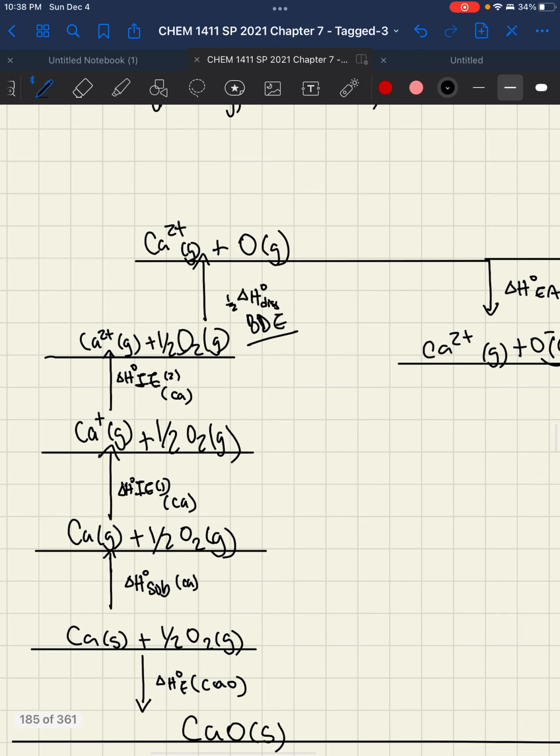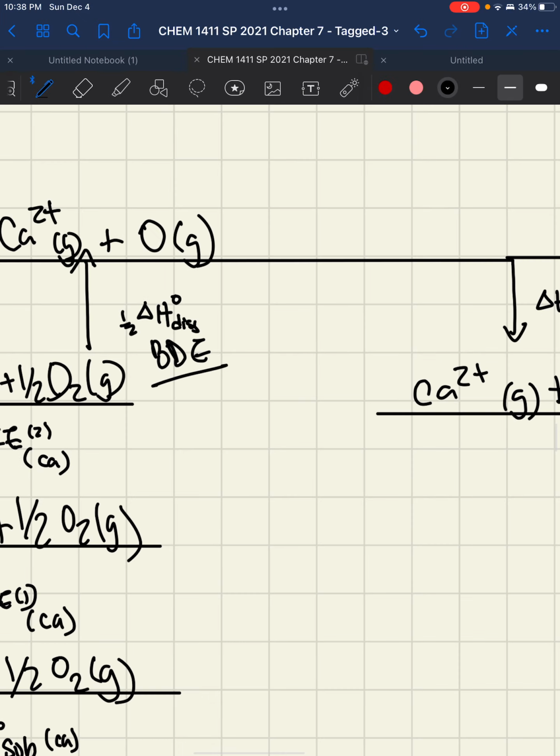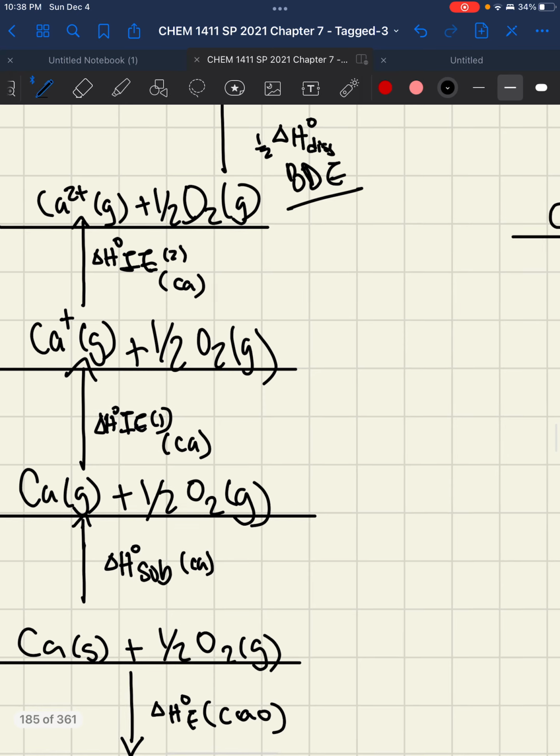Okay, so then you already have your calcium in 2+, and your oxygen there, but you need the charges. So this is going to be different. It's not going to be first ionization energy.